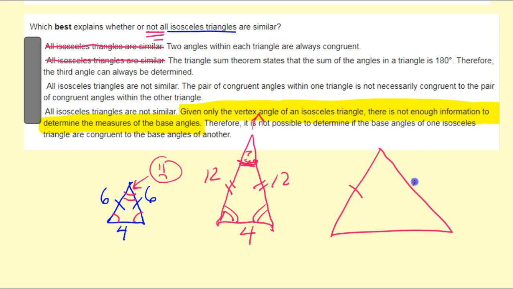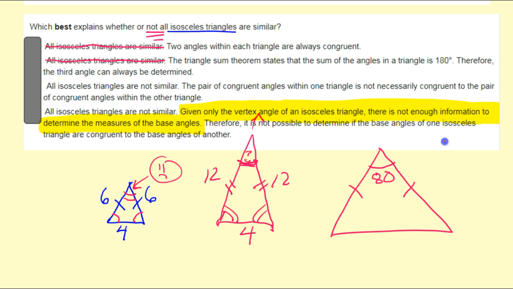If we know this is isosceles, and let's say I tell you that the vertex angle, it says given only the vertex angle, so I'm just going to give you only the vertex angle, that let's say it's 80. They're saying there's not enough information to determine the measures of the base angles. Well, can we determine the measures of the base angles? Yes, we can.